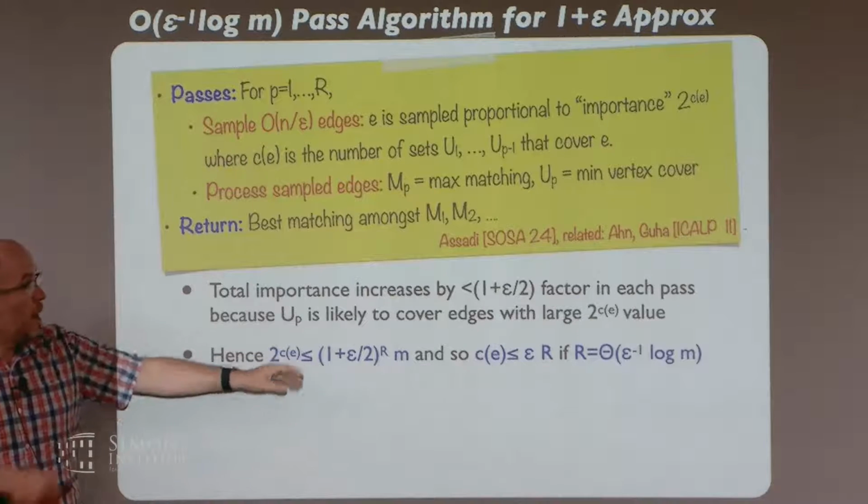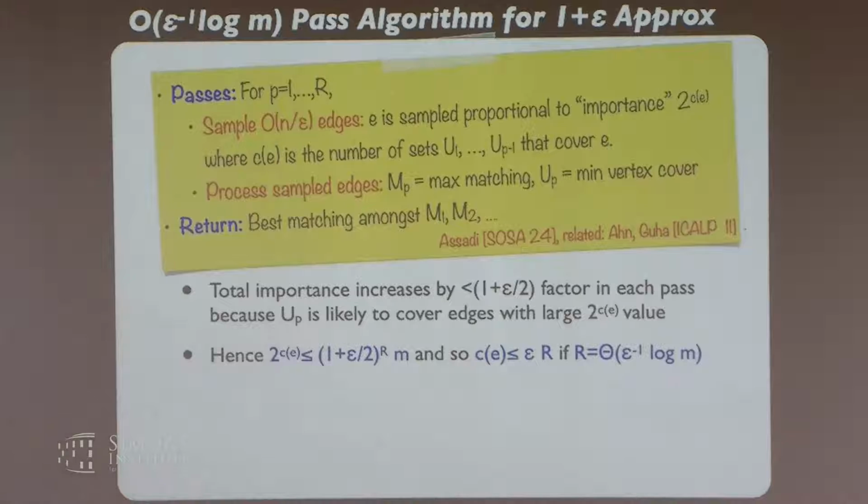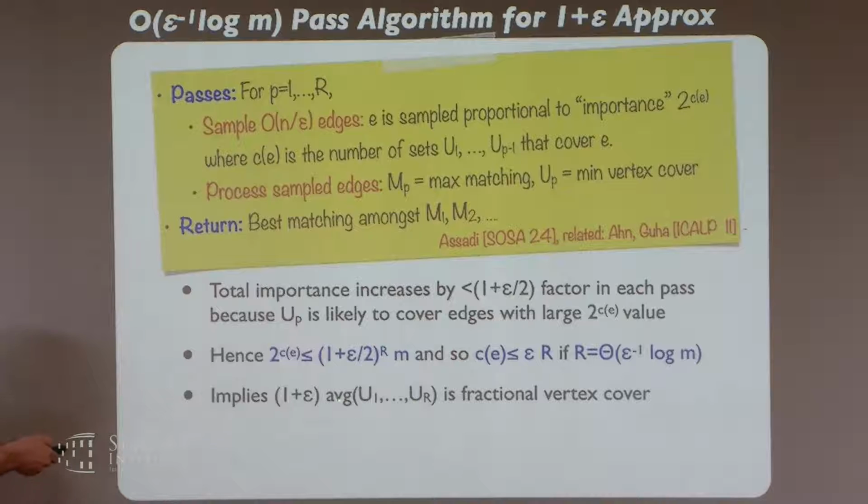So if CE is less than epsilon over R, it means that amongst all the R vertex covers, at most epsilon R of them, a tiny fraction, didn't cover E. So if you pick, say, a random vertex cover out of U1 up to UR, it probably does cover E. Another way to express this is that if you take the average of all the vertex covers, this is a fractional vertex cover.